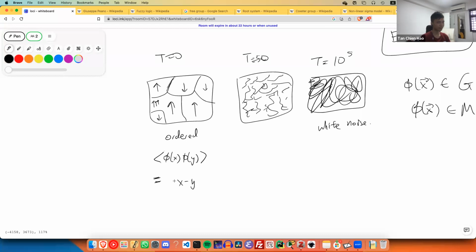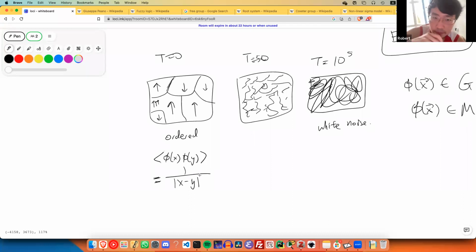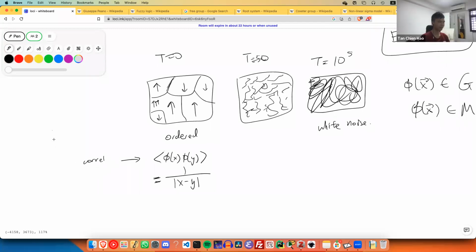If X minus Y is small, they're very close together, then they'll be highly correlated. If they're very far apart, then they'll be very poorly correlated. So we might be expecting something like 1 over this, where if they're small, then it's very high. This is the correlation function. This measures how correlated it is. A high number would mean that if we know phi of X, we're pretty sure that phi of Y is going to be around this.